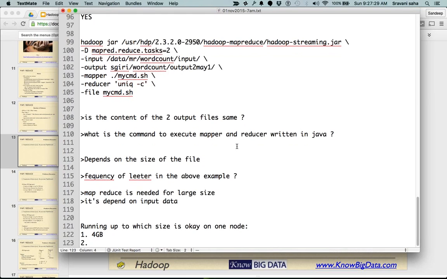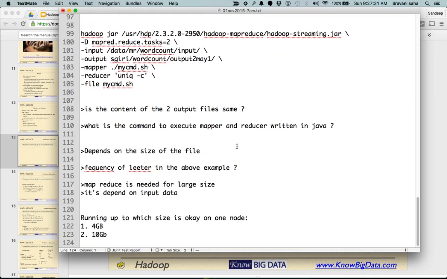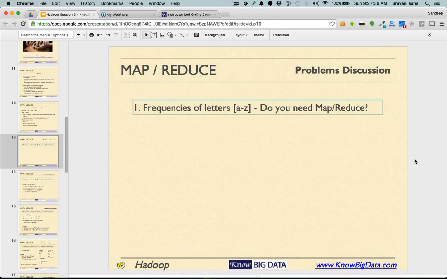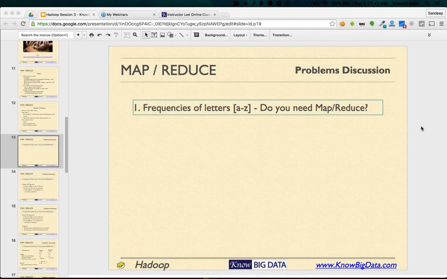4 GB, 10 GB, 100 GB. Pankaj says more than a terabyte requires multiple nodes.